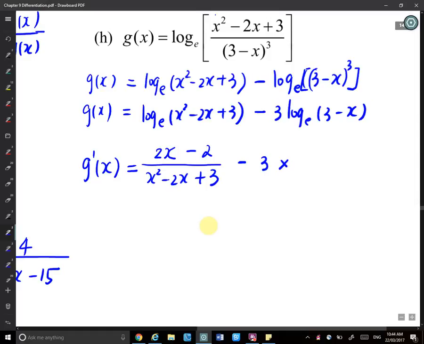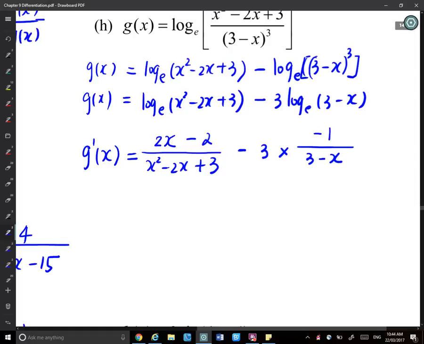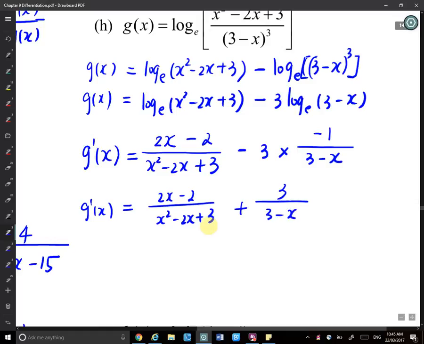So derive the thing inside the bracket. 3 minus x, the derivative is minus 1. And 3 minus x under the denominator. So what I will have is 2x minus 2 over x squared minus 2x plus 3 plus 3 over 3 minus x.